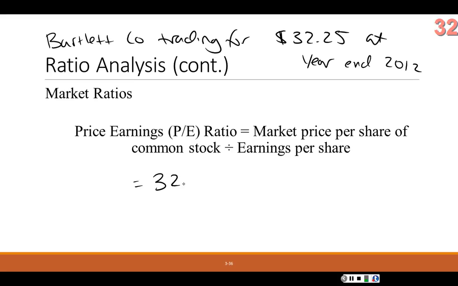Market price, $32.25 divided by earnings per share, found on the income statement at the bottom. We also just calculated that at $2.90. That's 11.1. A high price earnings ratio means that investors expect an increase in earnings growth. It tells you how much investors are willing to pay for every dollar of earnings. You can use the price-earnings ratio to calculate the intrinsic value of your stock using the price-earnings multiple.